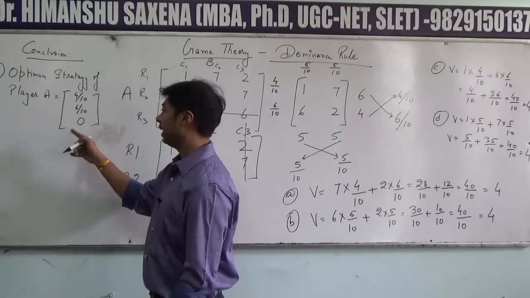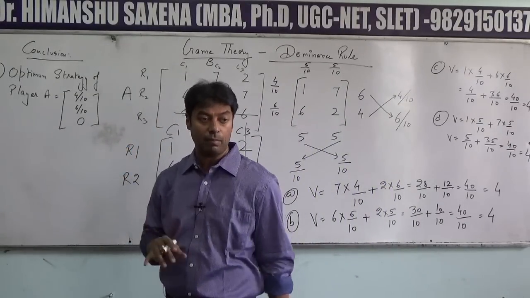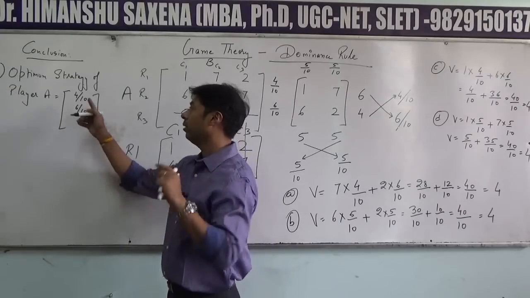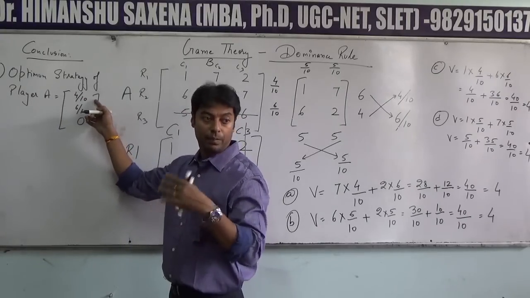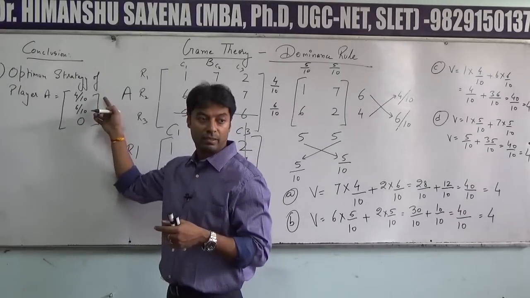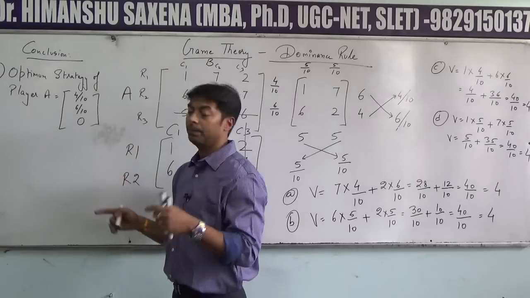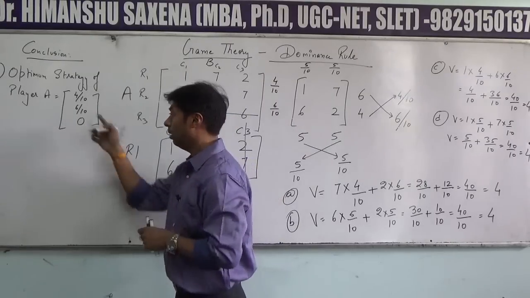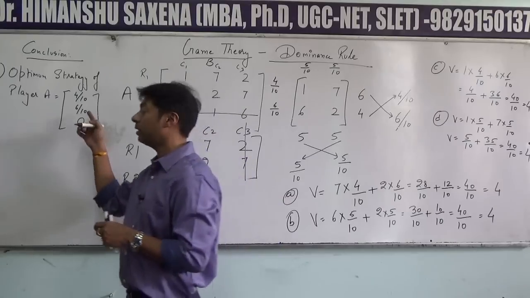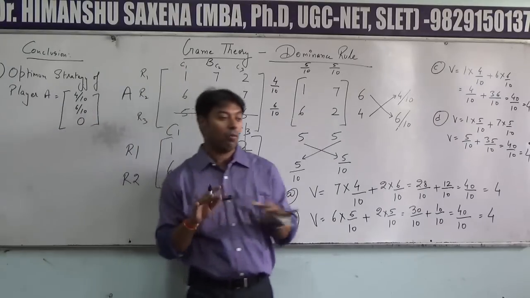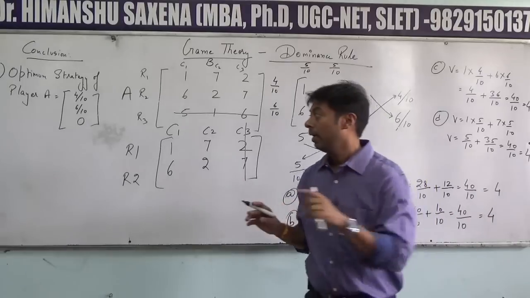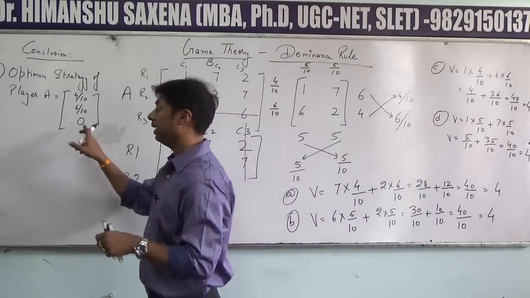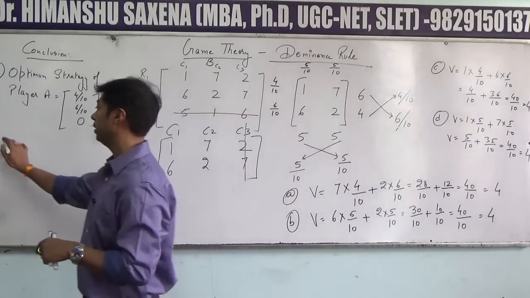So player A, if he has to invest some amount of his capital, he is going to invest 40% of his whole capital in the first strategy, and 6 by 10, that is 0.6, means 60% of his capital in the second strategy, while he is not going to invest anything in the third strategy.